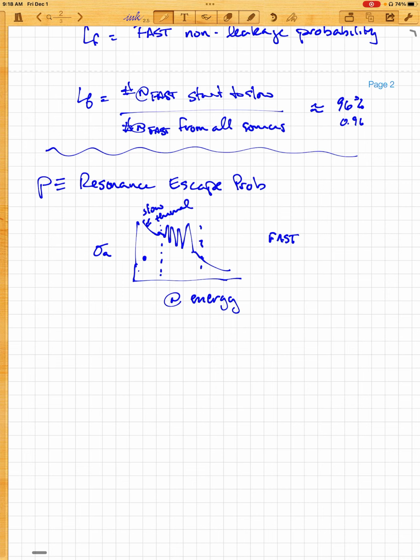But if the fast neutron starts bouncing around inside the fuel, it's likely to come upon maybe a plutonium atom that loves to eat neutrons at this energy level.